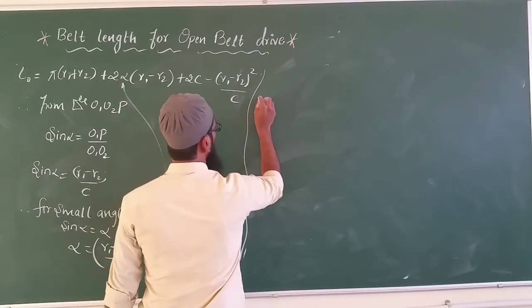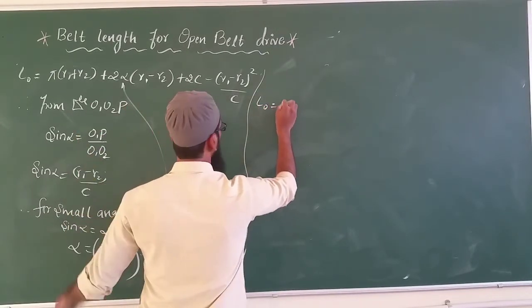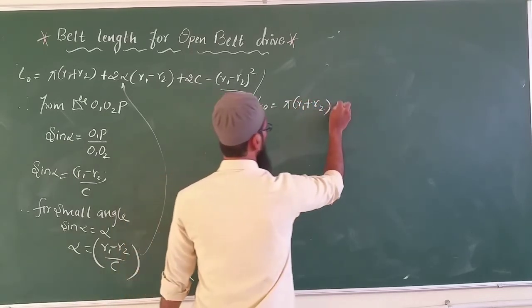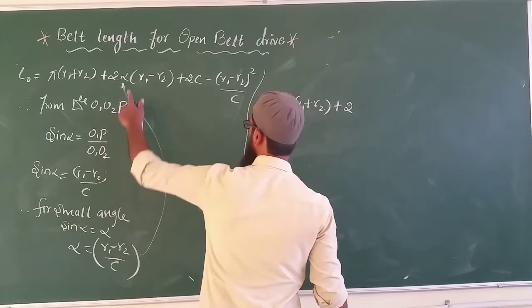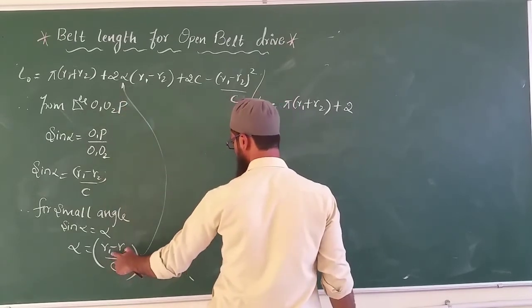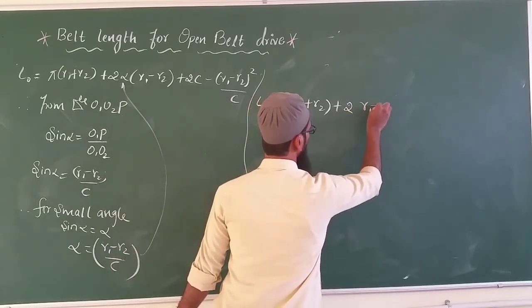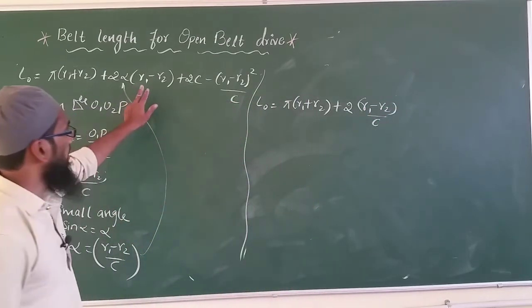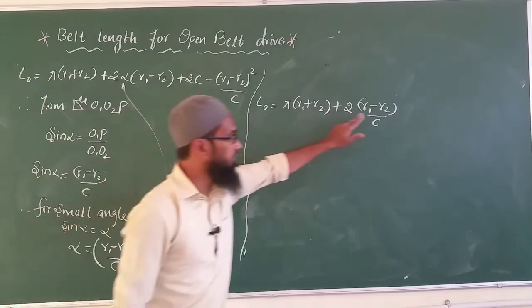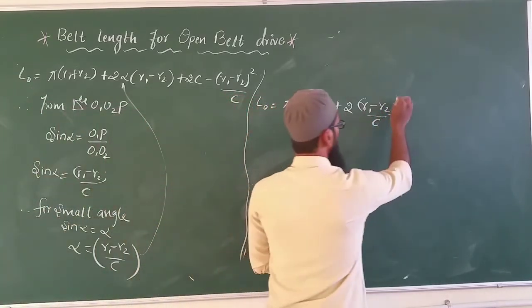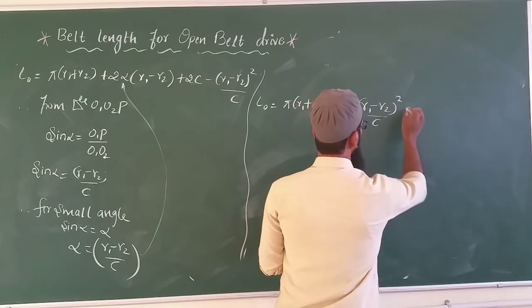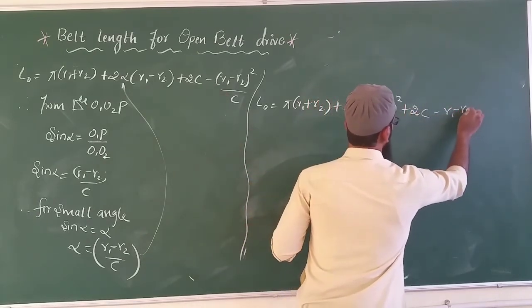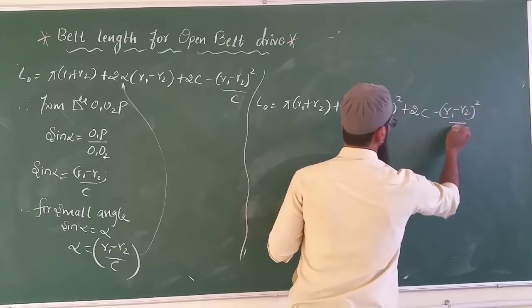So I will get finally L0 is equal to pi into (R1 plus R2) plus 2, and in place of alpha the value R1 minus R2 by C. Again there is one more R1 minus R2, and if I multiply, I will get the whole square. So this is 2C as it is, and the remaining term is (R1 minus R2) whole square by C.